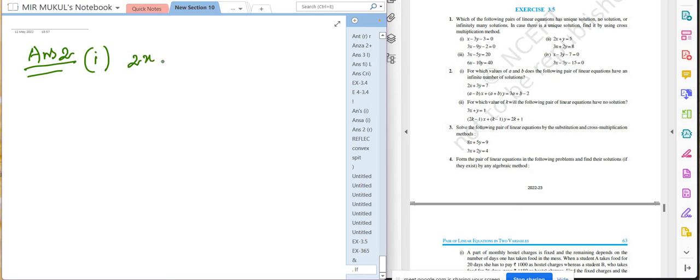So 2x plus 3y equals 7, and (a minus b)x plus (a plus b)y equals 3a plus b minus 2.